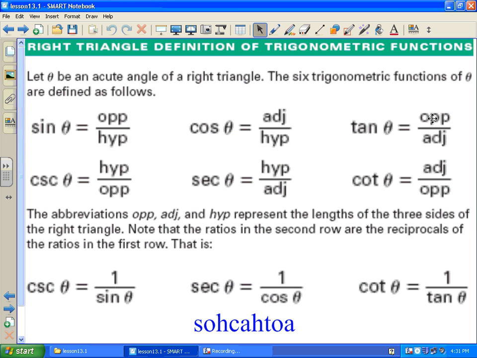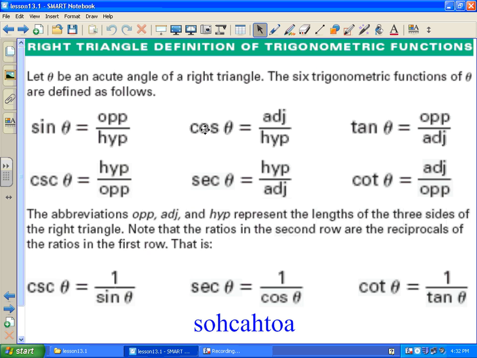Tangent is defined to be the length of the opposite side divided by the length of the adjacent side. And then you can also see that these last 3 trig functions are reciprocals of the first 3. So cosecant is the reciprocal of sine, secant the reciprocal of cosine, cotan the reciprocal of tan.